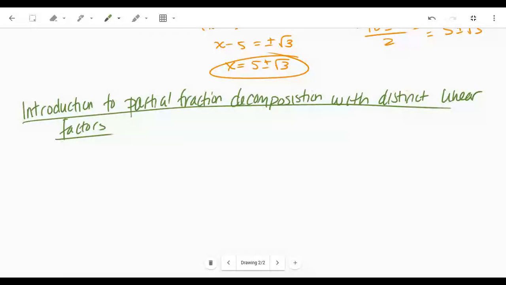Okay, so we have an expression like (x + 4) over x times (x + 2). And we are going to break this up into two fractions that would have linear denominators, which means there's no x squared in them.